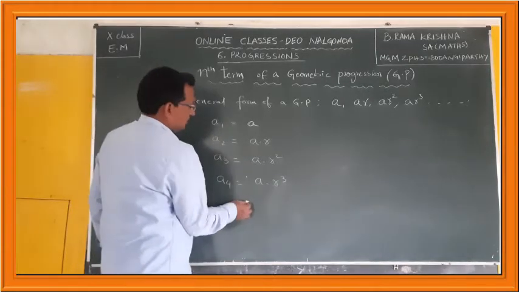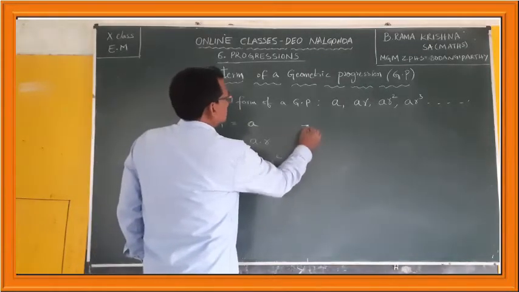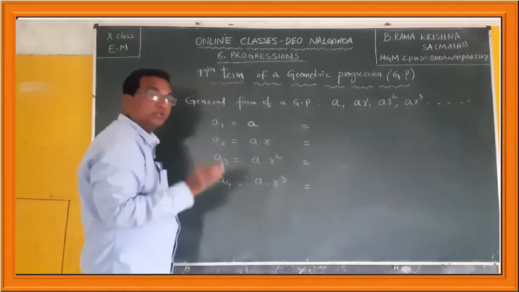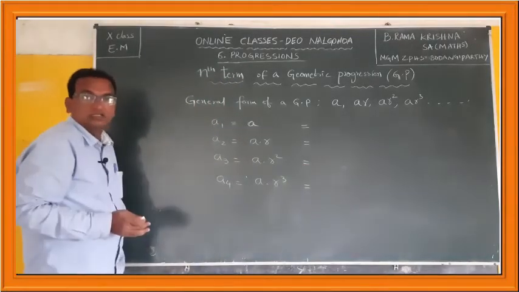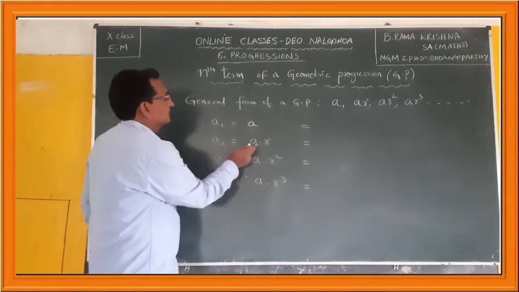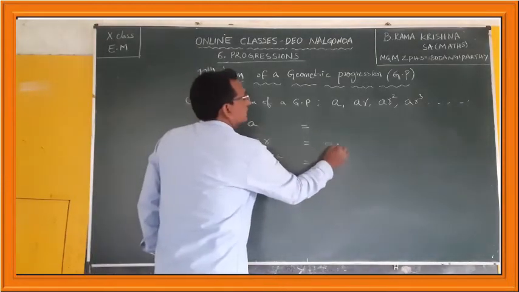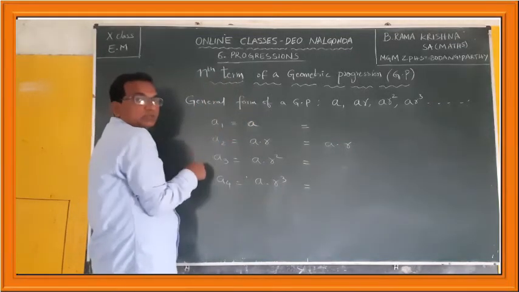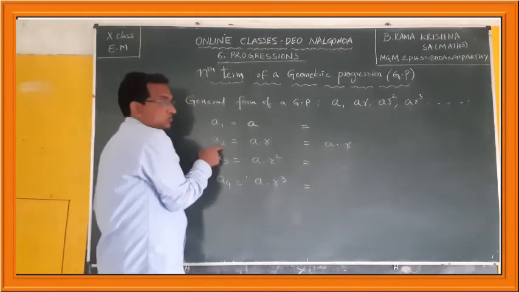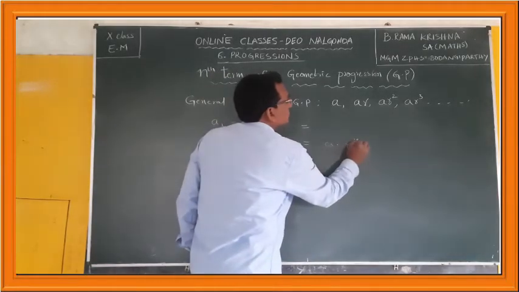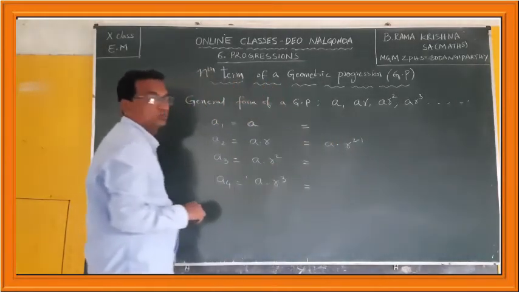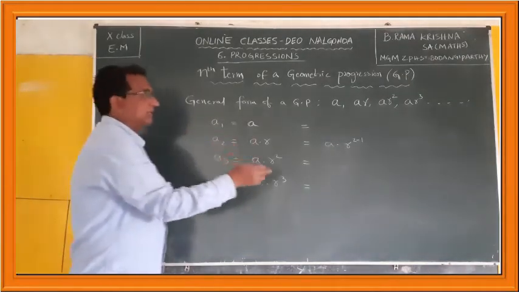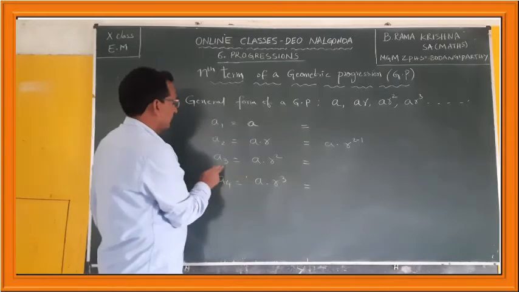if I write these terms again like this, you may generalize the nth term. Okay, let me write this: a into r to the power of, how many times do you have to multiply? 1 less than this 2, that is 2 minus 1. So, 2 minus 1 is nothing but 1. So, r to the power of 1 is to be multiplied, means 1 r is to be multiplied. Okay.